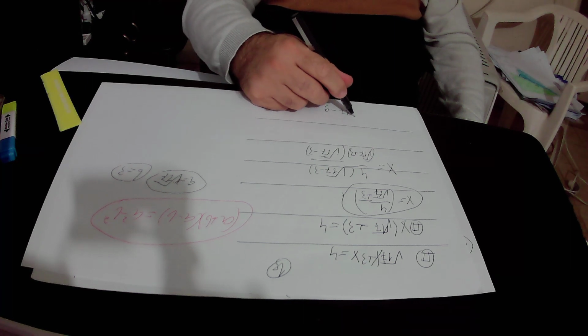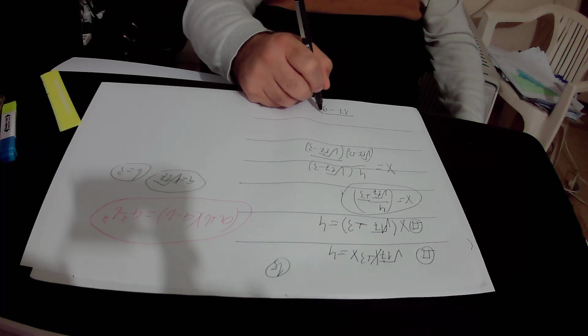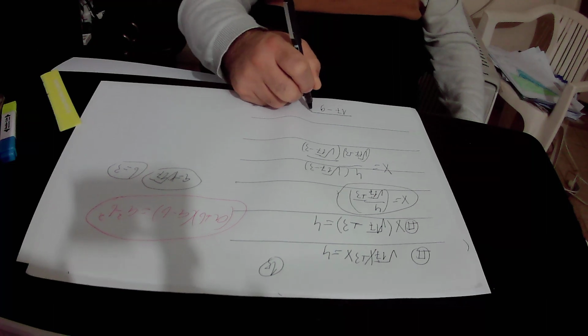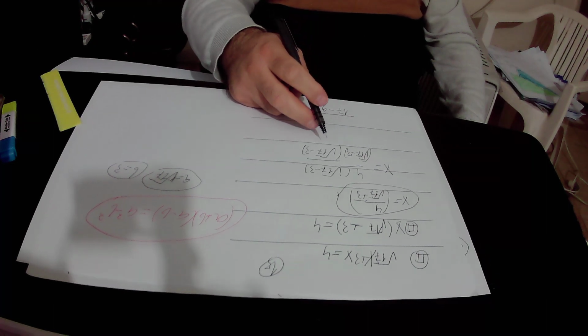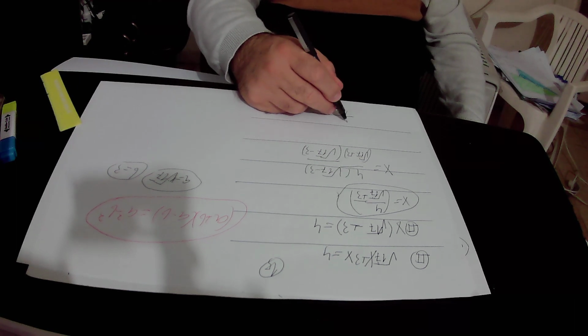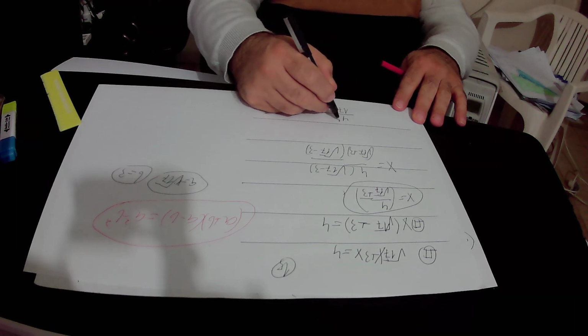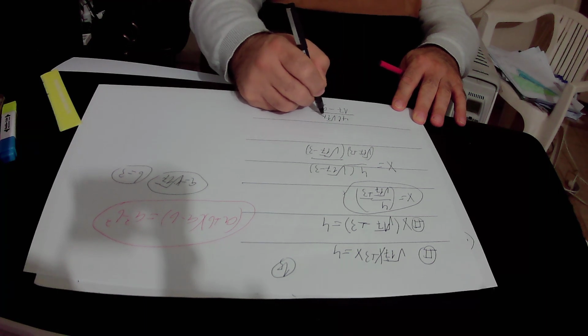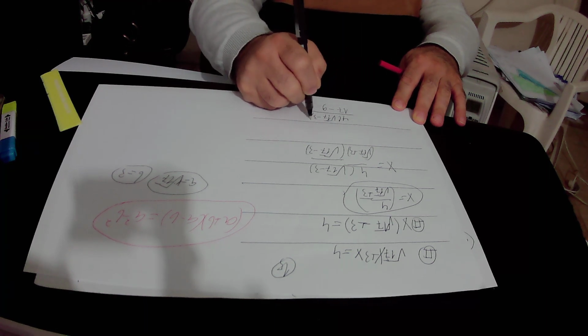That is what we have in the denominator, and in the numerator we didn't change anything, so we will copy it as it is. It will be 4 times square root of 17 minus 3.